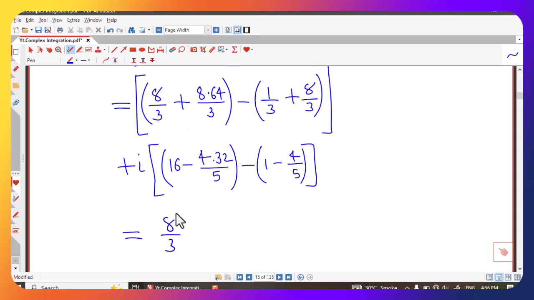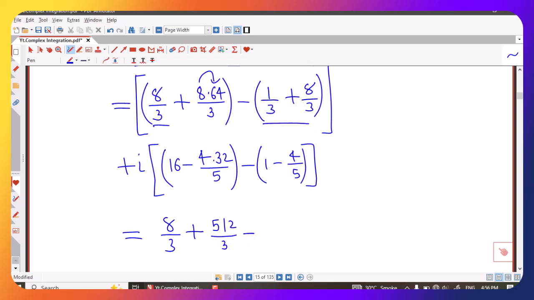Here I have 8 by 3 plus, if I consider 64 into 8, that is going to be 512. 8 times 64 will give me 512 divided by 3.